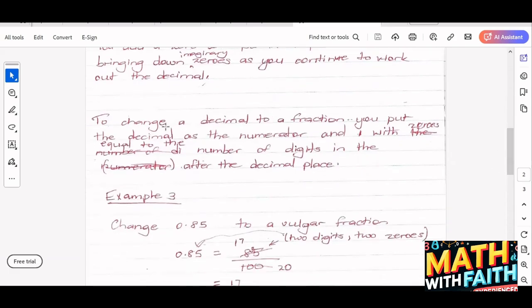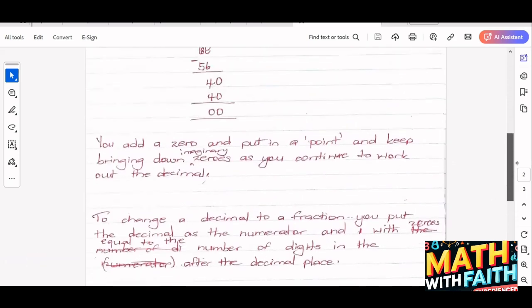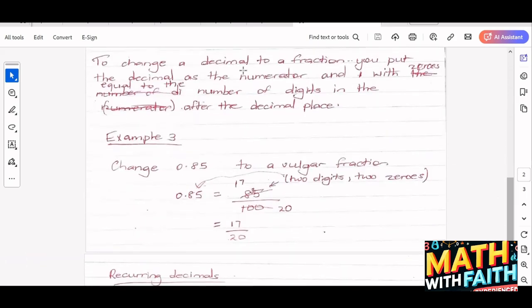Now, to do the opposite, you change a decimal to a fraction. You put the decimal digits as the numerator and 1 with zeros equal to the number of digits in the decimal. So you have the decimal 0.85. How many decimal places do you have?